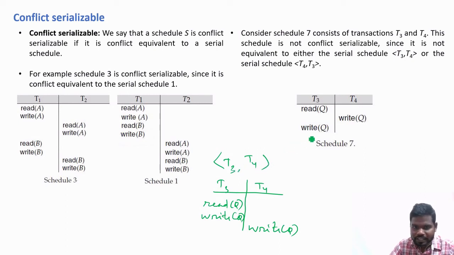In order to transform schedule 7 to this serial schedule, we have to swap this write Q with this write Q. These two instructions access the same data item Q, and both are write operations, so they are conflicting operations. These are conflicting instructions which cannot be swapped. So we cannot transform schedule 7 to the serial schedule T3, T4.